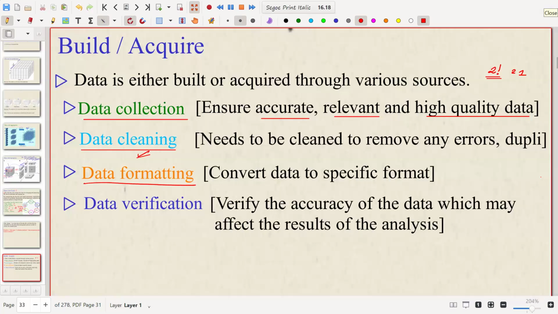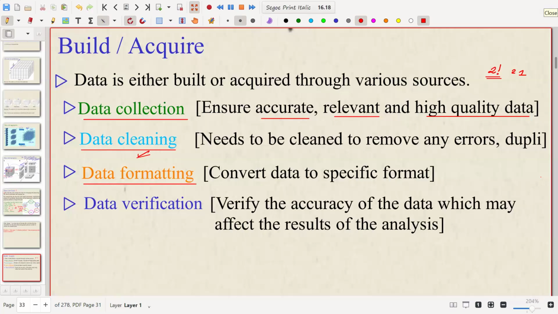Fine. You have to format the data also, data formatting. Which format do you want? Suppose a year format. Can you give me an example in which year can be a data column? Yes, exactly, date of birth. Suppose in that column I said date of birth is categorical.